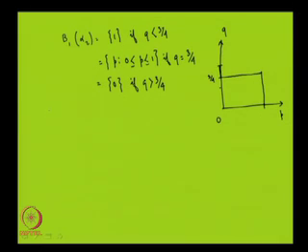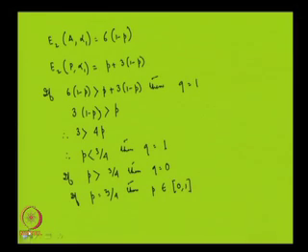Okay. And the best response function of player 2. If P is less than 3/4, Q is equal to 1.